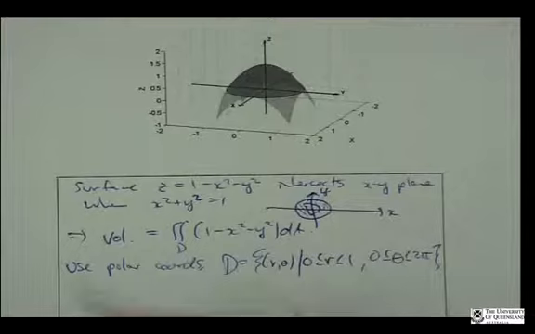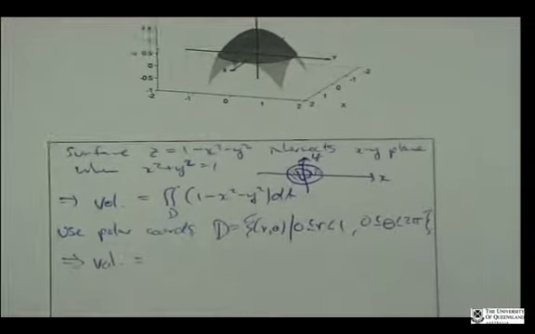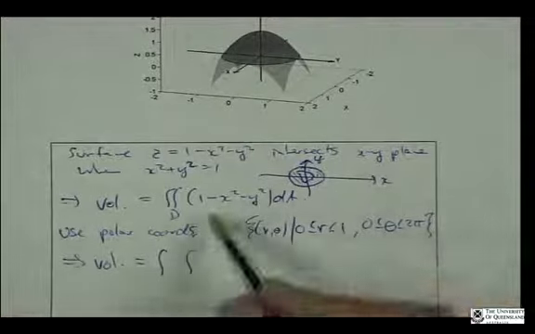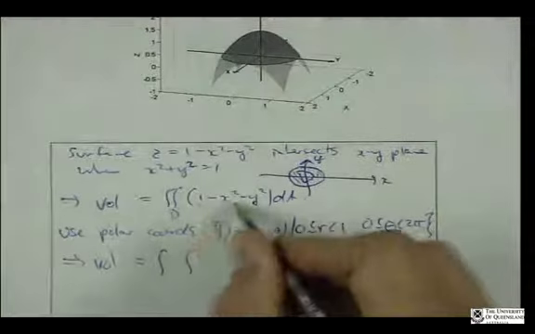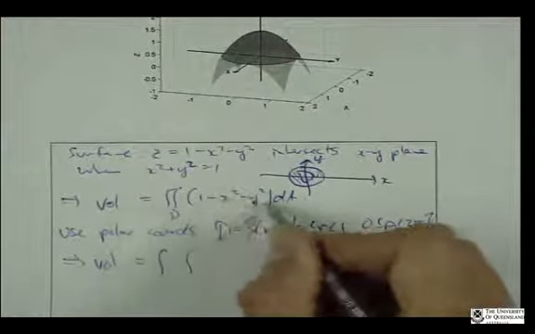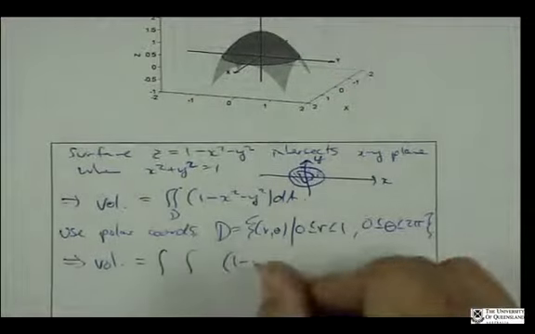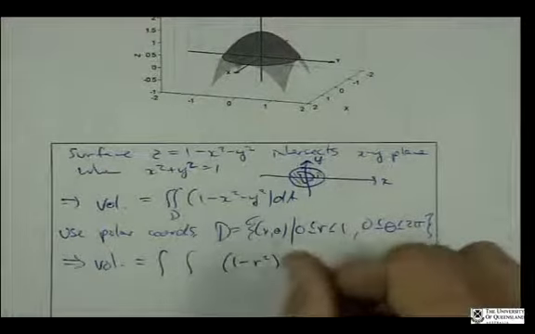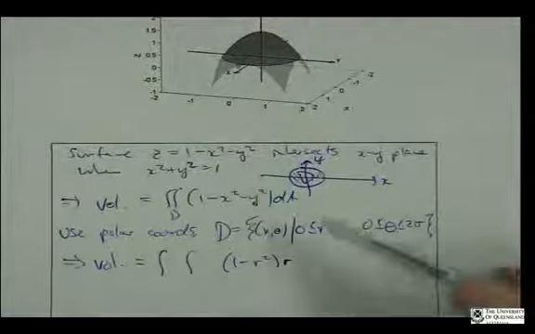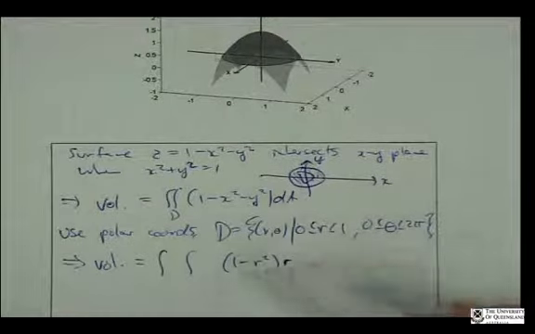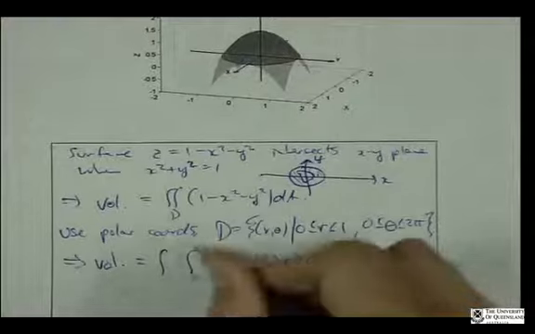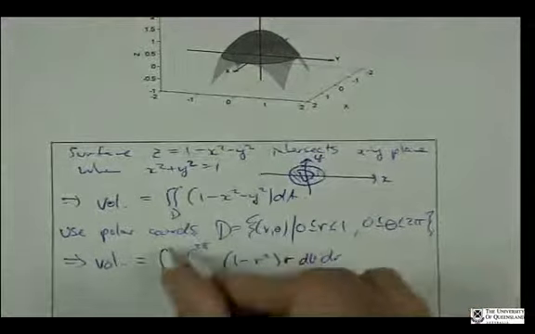Okay, so then the volume is just going to be this iterated integral of 1 minus x squared minus y squared. That's going to be the same as 1 minus r squared, right? We've already worked that out in the previous example, that x squared plus y squared was r squared. Then the Jacobian, and theta's integrated from 0 to 2 pi, r from 0 to 1.